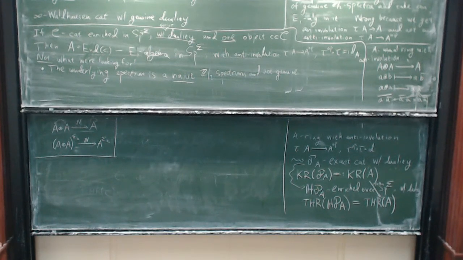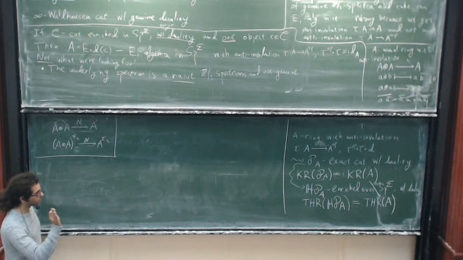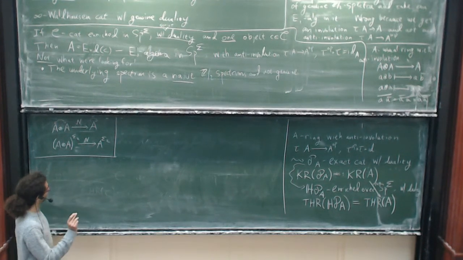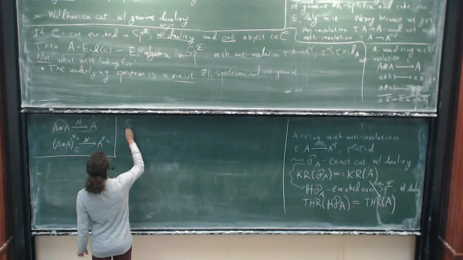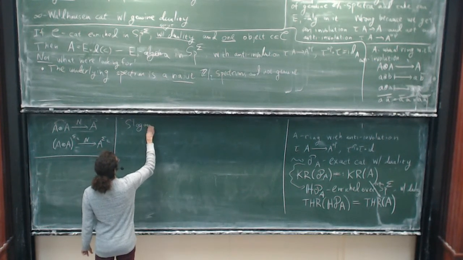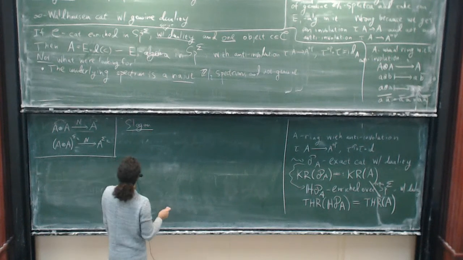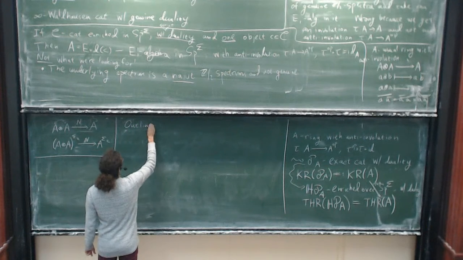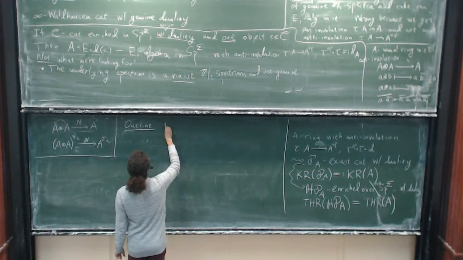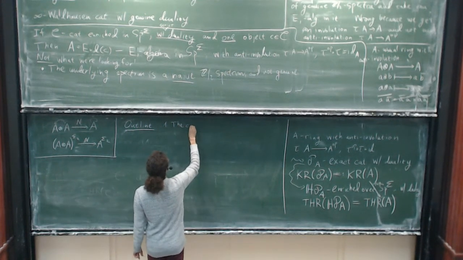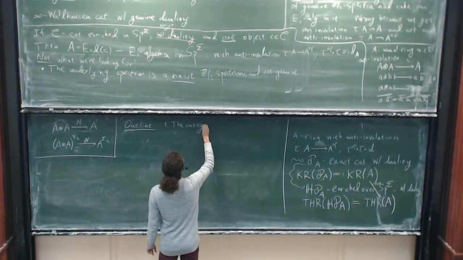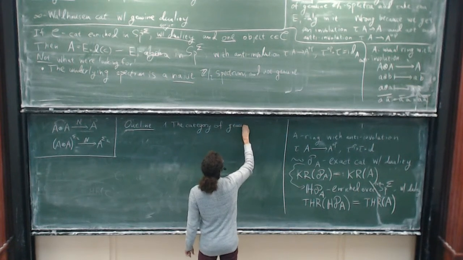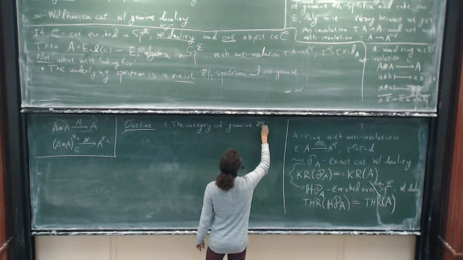Let's just say the slogan, and then I'll see how much I can explain with the time remaining. Well, maybe outline. So the first point is the category of genuine Z/2 spectra.